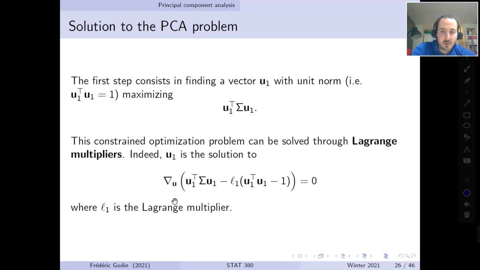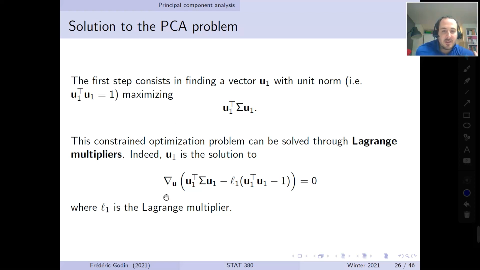Here, we take the gradient with respect to U, maybe I should have U instead of U1 here because we're solving for U, of that sample variance which depends on U, minus the first Lagrange multiplier, L1, times the constraint, which is that U1 has unit norm.